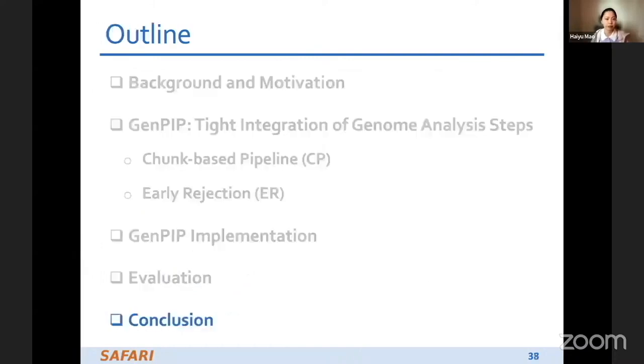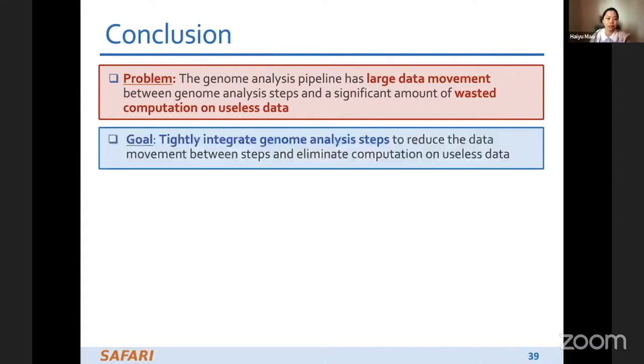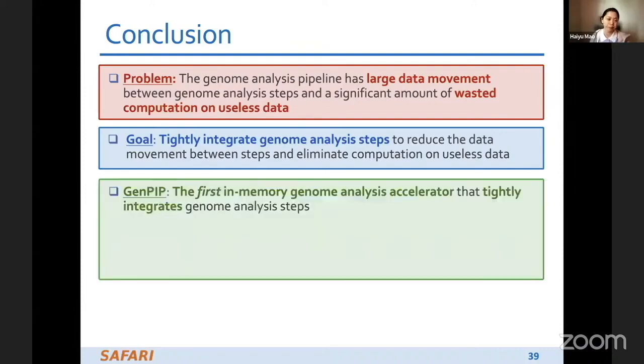Yeah, so to conclude, the problem we're targeting in this project is that the genome analysis pipeline has a large data movement between genome analysis steps and a significant amount of wasted computation on useless data. So our goal is to tightly integrate genome analysis steps to reduce the data movement between steps and eliminate the computation on useless data.